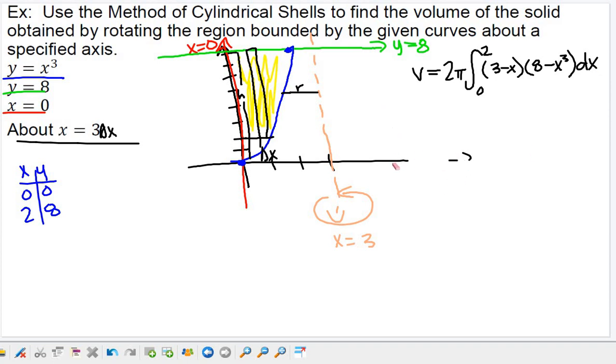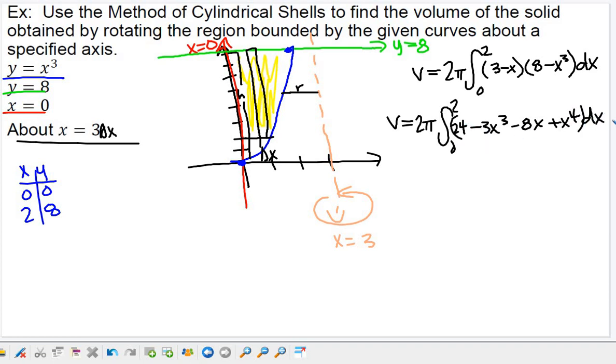So let me erase this little bit of the axis here. Okay, so I have volume is equal to 2 pi, 0 to 2, distributive property, 24 minus 3x cubed minus 8x plus x to the 4th dx. So volume is equal to 2 pi, 0 to 2.